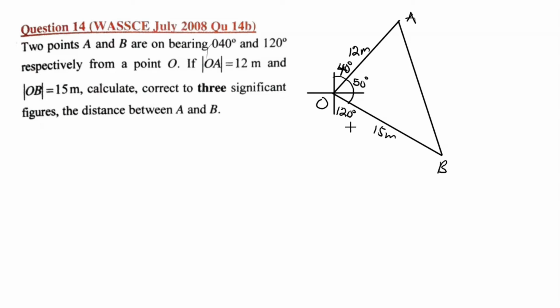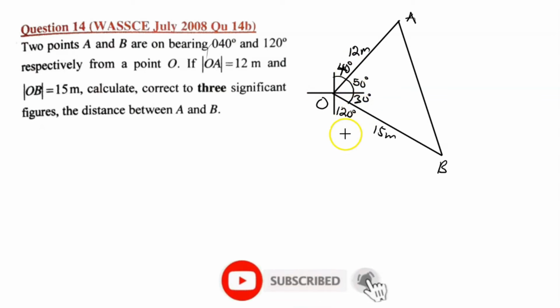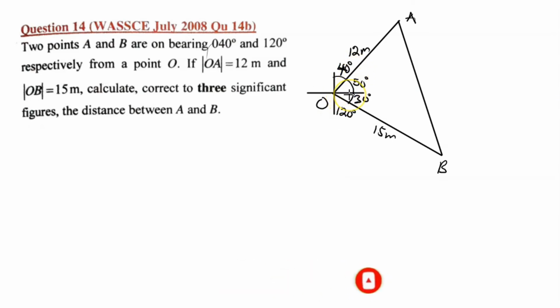So we subtract 90 from 120, we get an angle of 30 degrees. So we have 30 degrees here. So it means that the total angle at point O leading to points A and B is 80 degrees. Let me use a different color to show that. So we have the total angle here as 80 degrees.